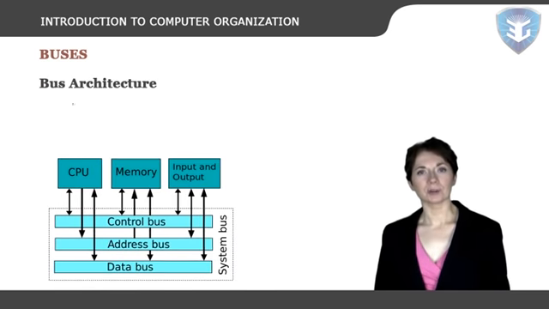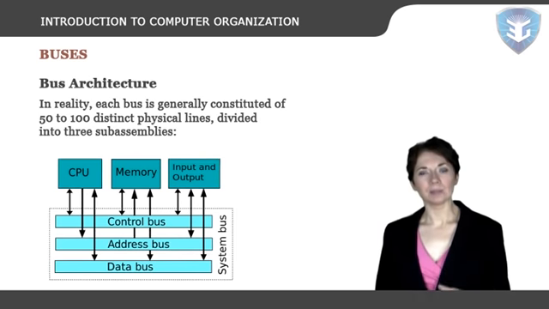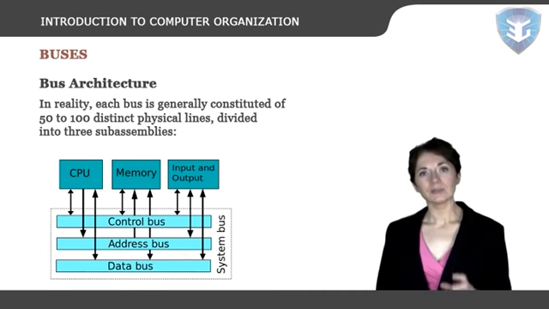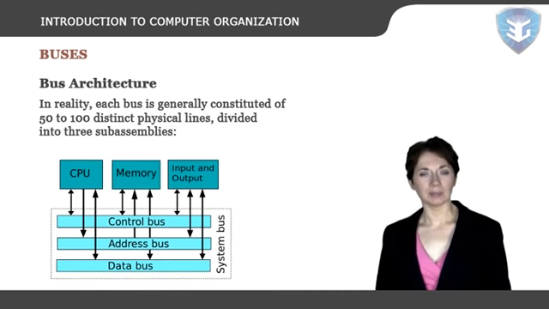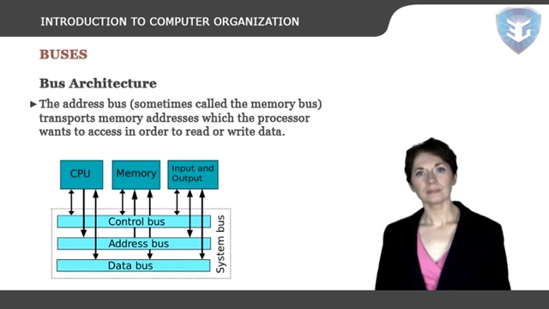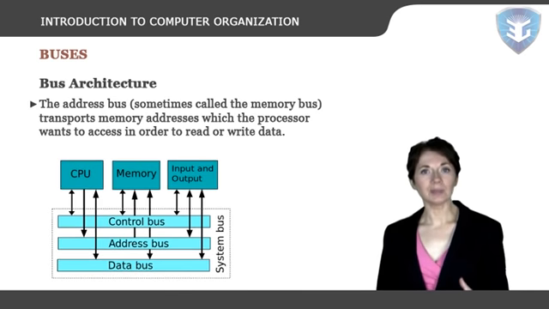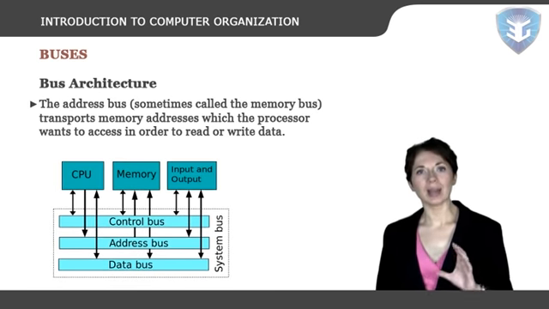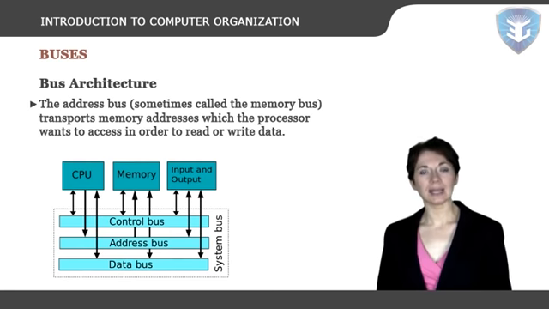Bus architecture. In reality, each bus is generally constituted of 50 to 100 distinct physical lines, divided into 3 subassemblies. The address bus, sometimes called the memory bus, transports memory addresses the processor wants to access in order to read or write data.